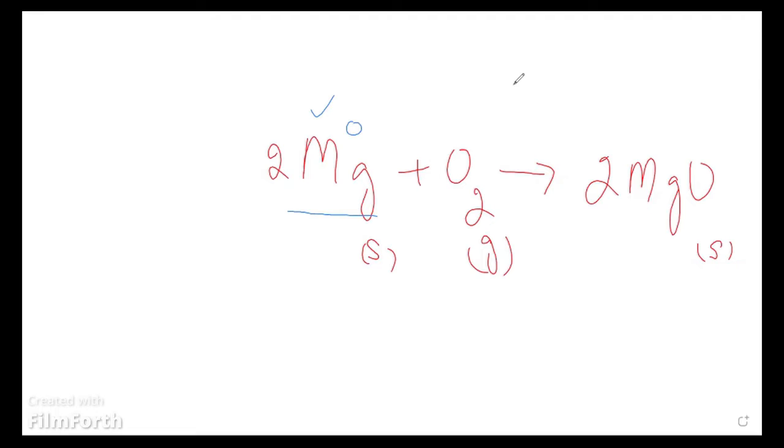I told you that when an element is in uncombined form or in free state, it has zero oxidation state. Do you remember I told you this? Yes. Okay. Mariam, what is the oxidation state of oxygen over here? Zero. Why? Very good. Because it's a diatomic molecule.